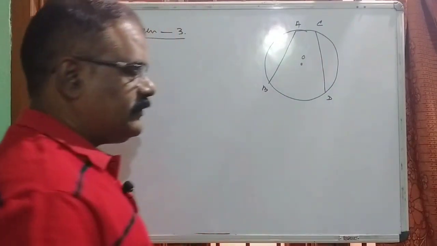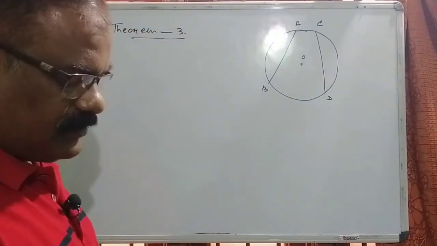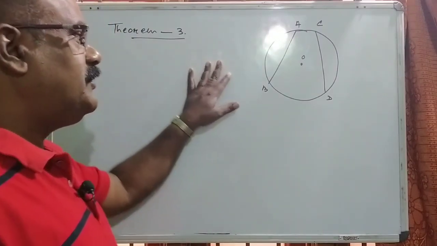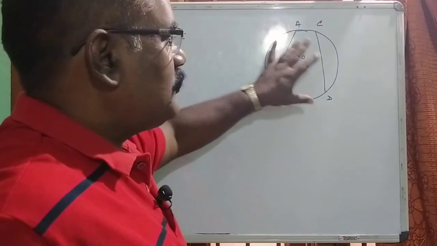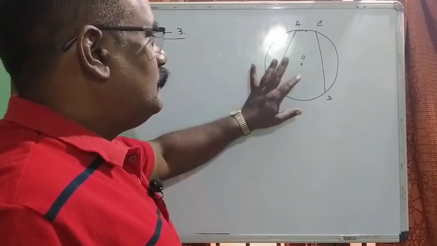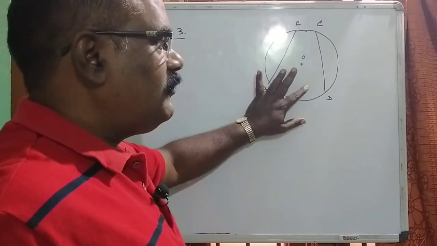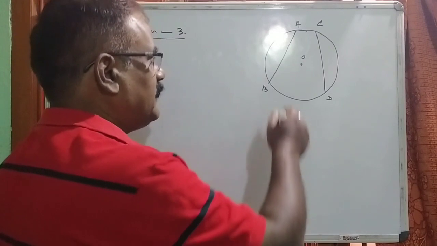According to the statement of the theorem, in a circle, equal chords are equidistant from the center.